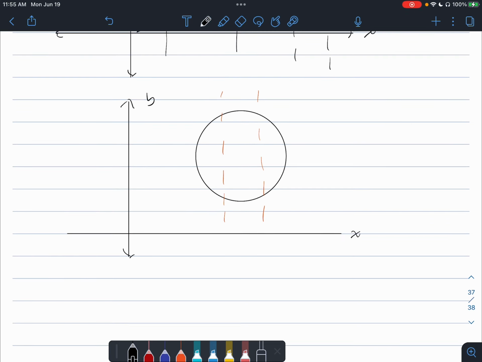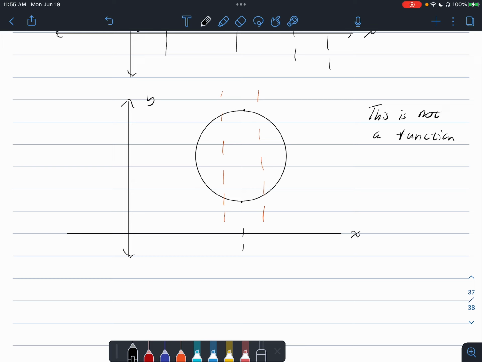Let's say that this is the point 1 here. That means the point 1 is being mapped to this point and this point. It's being mapped to two different points. Therefore, this is not a function.